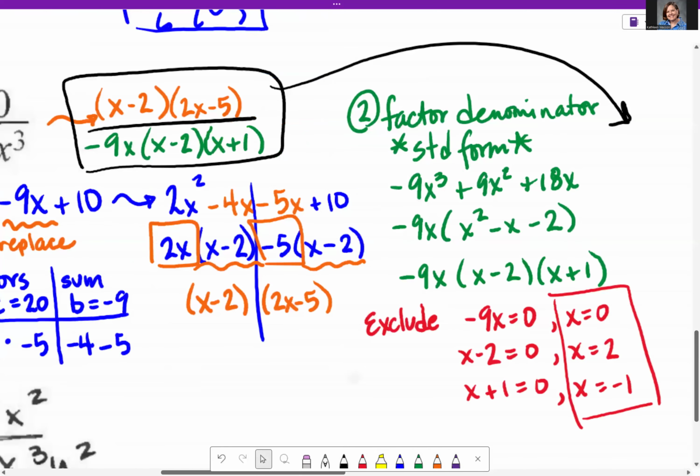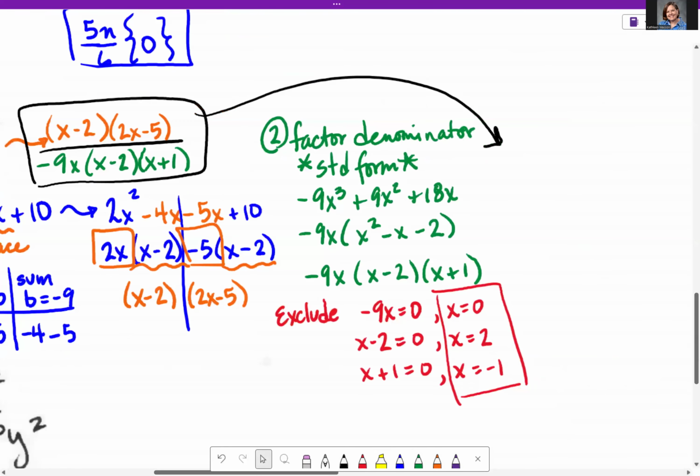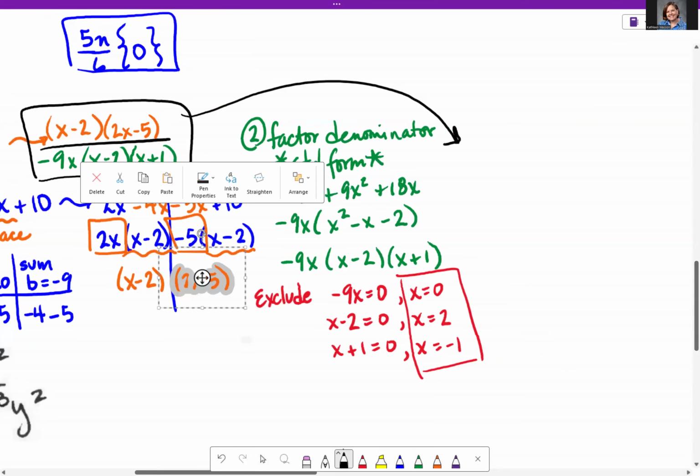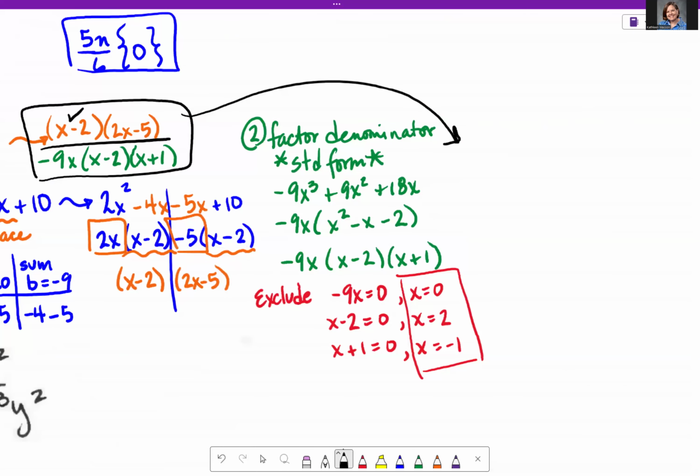That's how I will go about reducing my fraction. Here's what I mean. I have an x minus 2 in the numerator, and I have an x minus 2 in the denominator. So if I write this as x minus 2 over x minus 2 and separate those factors from the rest of the factors, then I have x minus 2 over x minus 2, which is 1.